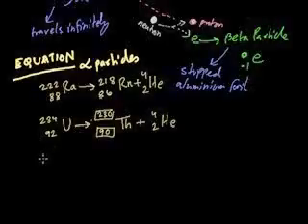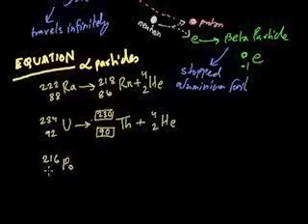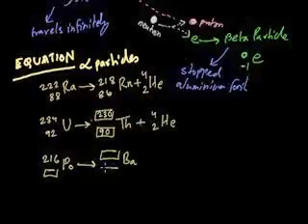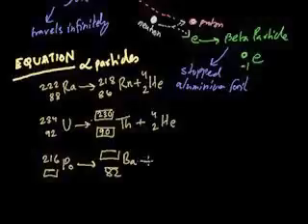Let's do another example. We have 216 mass number and this is unknown. The mass number here is unknown, this is 82 and this is an alpha particle.